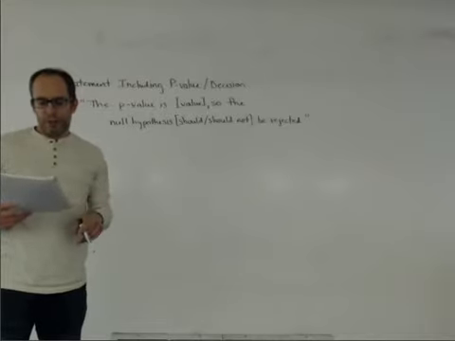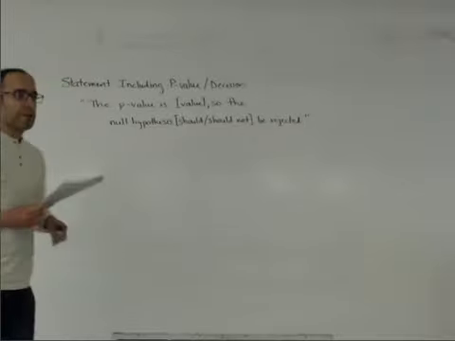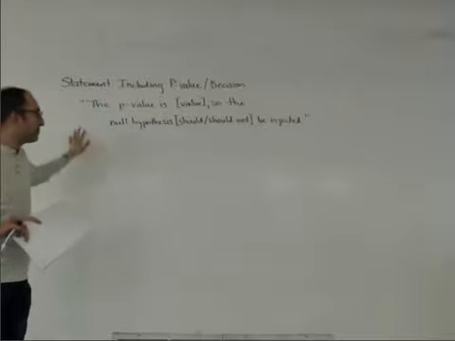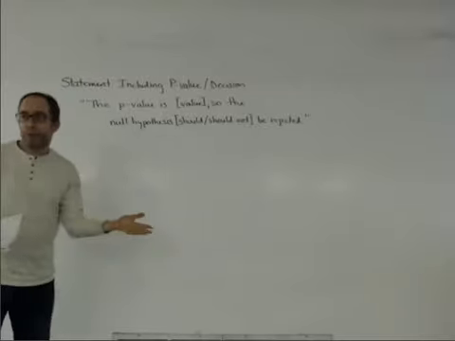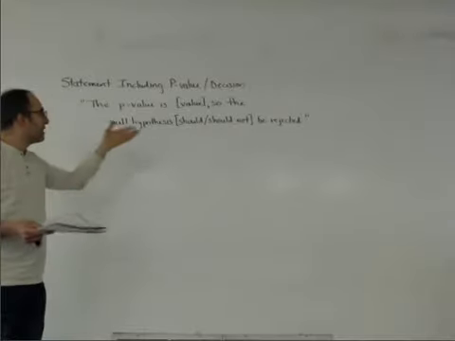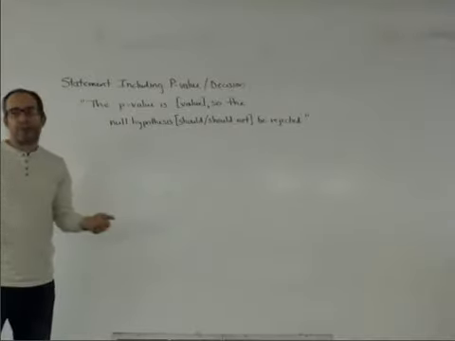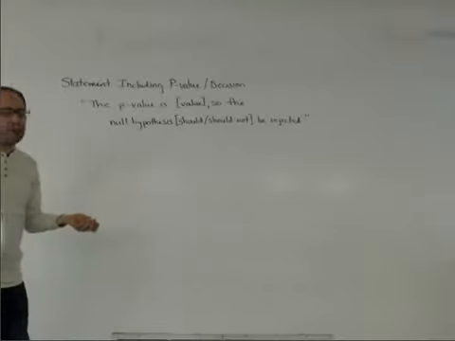The next couple of parts don't tend to cause a whole lot of trouble. The next part being the statement including the p-value and the decision about the null hypothesis. If you follow what I've got up here as a template, you'll be fine, and it'll work out perfectly. So the p-value is whatever you get for the p-value. Then either the null should be rejected or it shouldn't. Considering that the significance level is going to be 0.05, you're going to reject the null if the p-value is less than that.